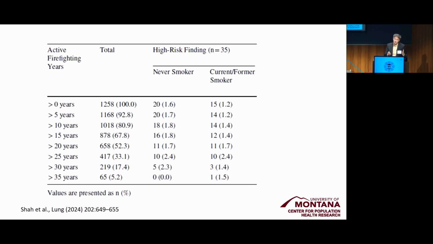Looking now at just the group that was not eligible for lung cancer screening, and splitting them into never smokers versus current and former smokers, and then looking at the occurrence of Lung-RADS 3 and 4 according to years of firefighting experience, you can see that, percentage-wise at least, there are increasing findings of Lung-RADS 3 and 4, including among the never smokers, as years of exposure increase.